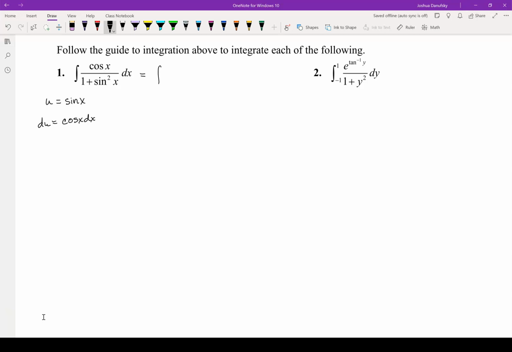And this integral becomes 1 plus u squared in the denominator, and our cosine x dx gets replaced by a du. We recognize this as tan inverse of u plus c, which will give us tan inverse of sine x plus c.